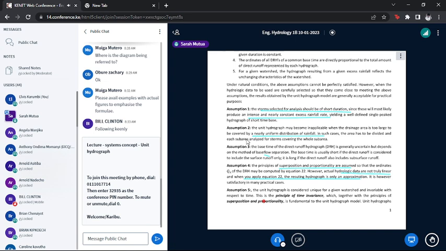And this assumption can be challenged because we know, for example, excess rainfall can be affected partly due to characteristics of the catchment.